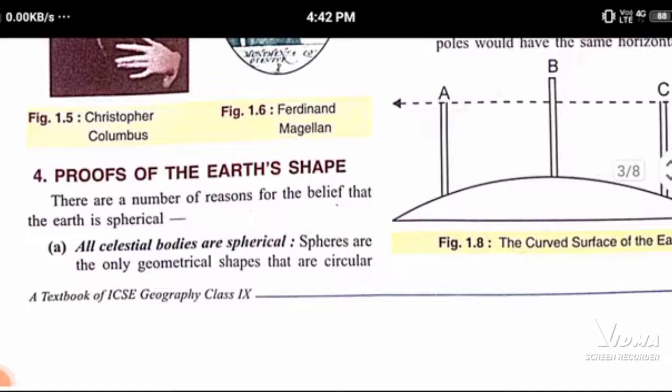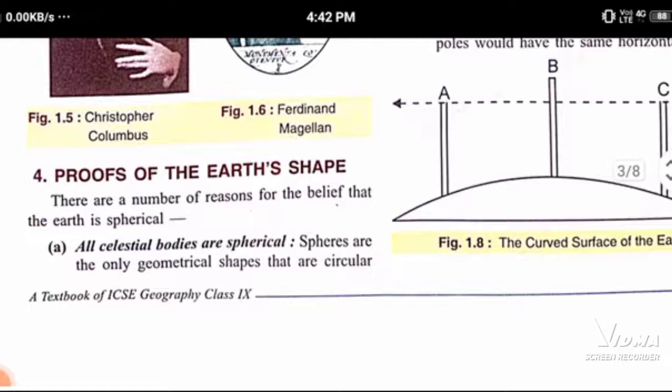All celestial bodies are spherical. Celestial means all the bodies present in space. Spheres are the only geometrical shapes that are circular in outline. The Sun, Moon and all other celestial bodies appear to have circular outlines, circular boundaries.